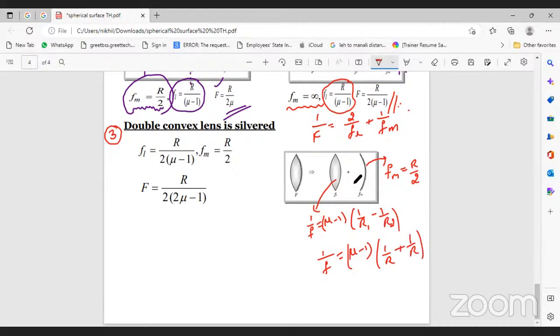But R2 will be negative, as it goes opposite to the incident ray, so minus of minus becomes plus. So 1 by f equals mu minus 1 into 1 by r plus 1 by r, which is 2 by r. Taking the reciprocal, what will be the f value?